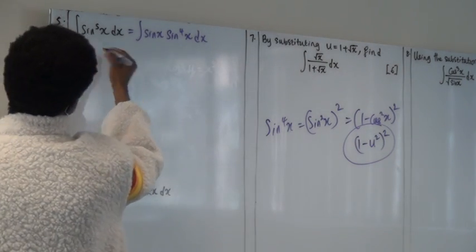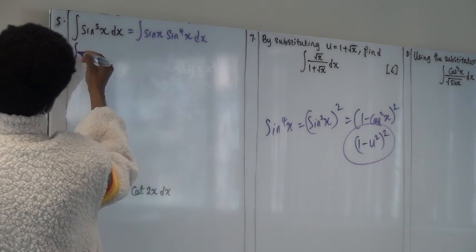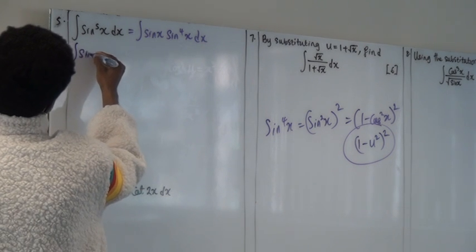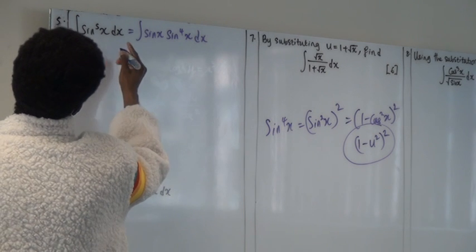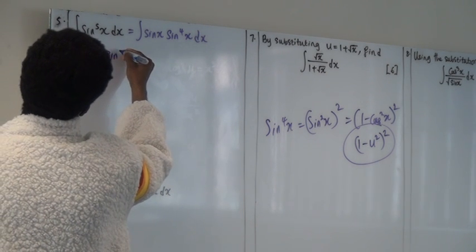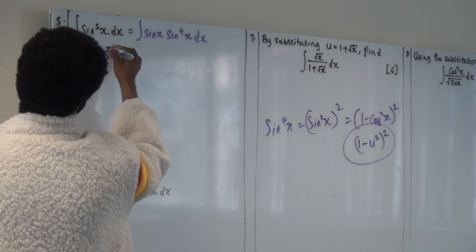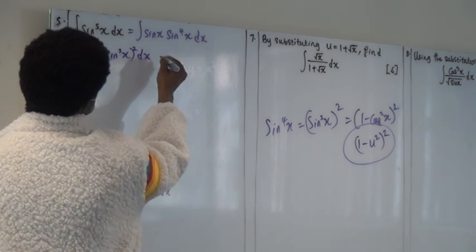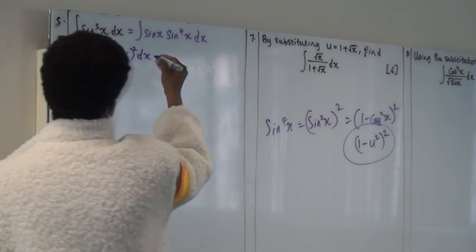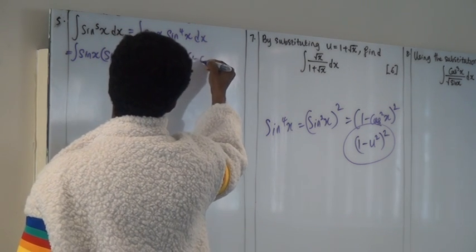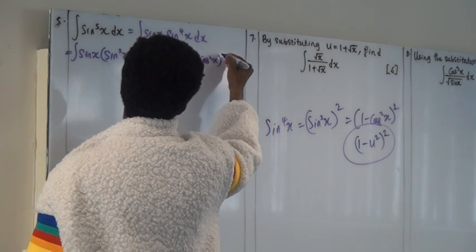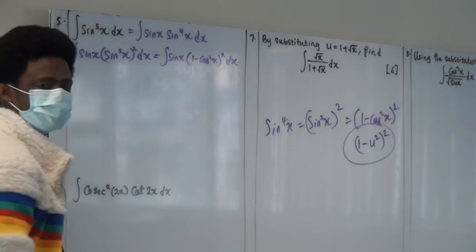So with this, we can say this is integral sine x. I write first sine to the power 2 x, then squared, dx, just so we understand. And this will be the integral of sine x times 1 minus cos squared x, then squared again, dx.